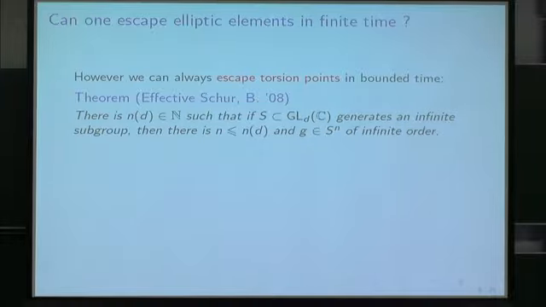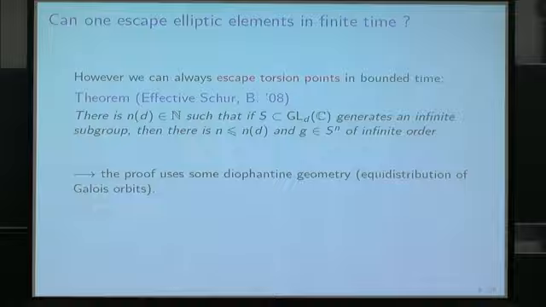And the answer is, this is bounded. For linear groups, it does not matter what set of matrices you choose here. It's always going to be bounded by some n of d, depending only on d. So you can always escape torsion elements.